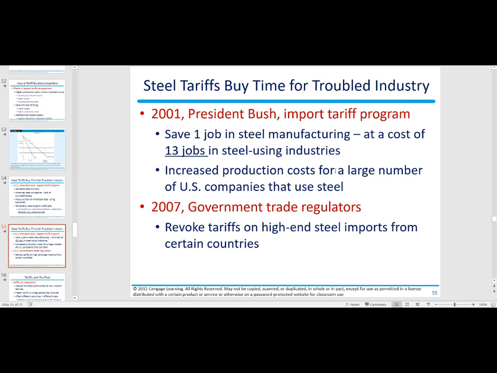And in this case, when we aggregate the losses for all steel using industries in the US, it came at a trade-off of one job saved in the steel industry and simultaneously 13 jobs lost in the steel using industries. So protectionism comes at an expense of society as a whole. In 2007, these tariffs were revoked by the government.